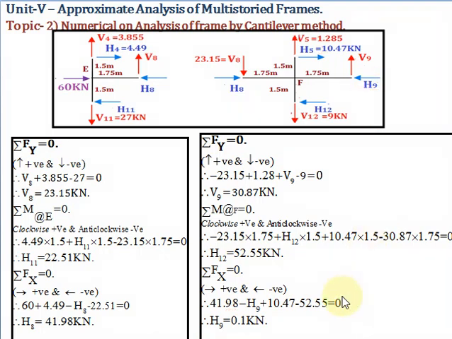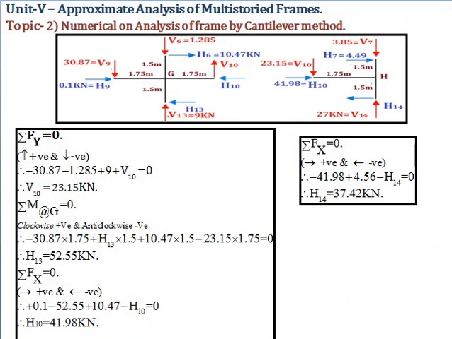Now after finding the forces at joint F, what is the next joint? The next joint is joint G. Now here the forces known to us are H9, V9, V6, H6 and V13. So apply the first equilibrium equation.